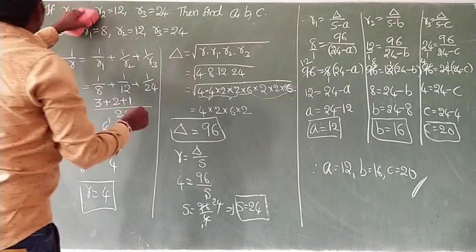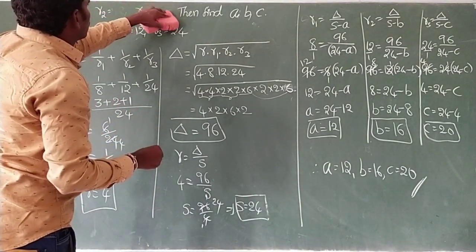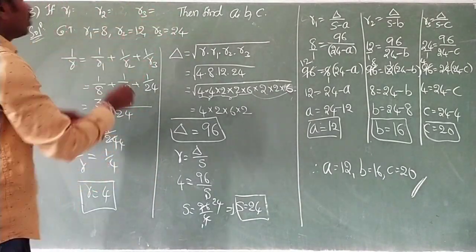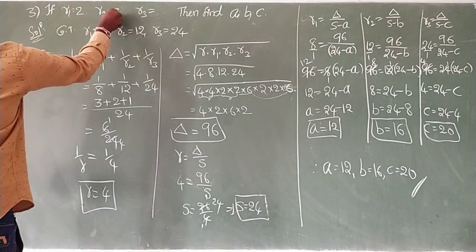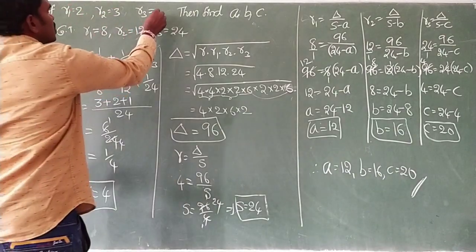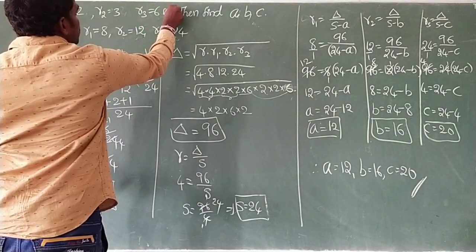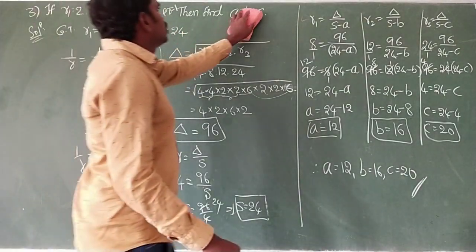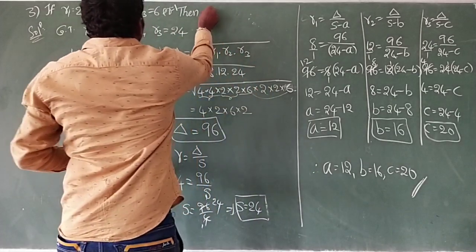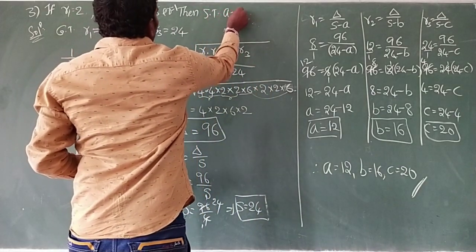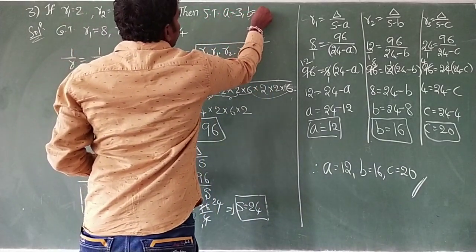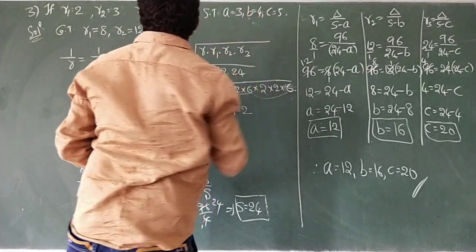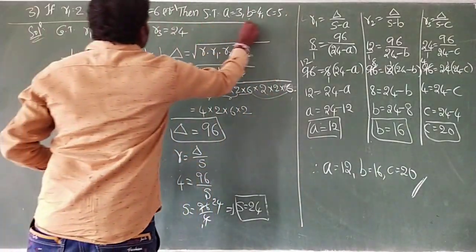Same type of question. If R1 is 2, R2 is 3, R3 is 6, and small r is also given, luckily that is 1, then find, show that a equals 3, b equals 4, c equals 5. So this is the third question.